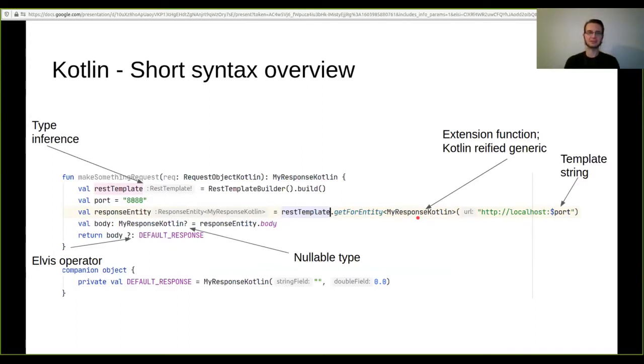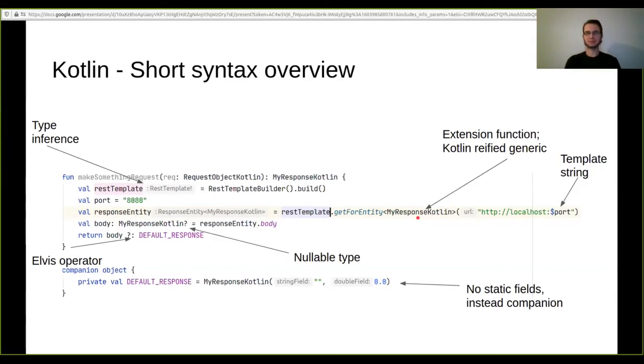So with the $, we can use variables directly in the string, and we don't have to use a string builder or string concatenation. And in Kotlin, the static keyword doesn't exist, so you can't have static final fields. So instead, you use a companion object, similar to Scala, and there you can have something like static constants.